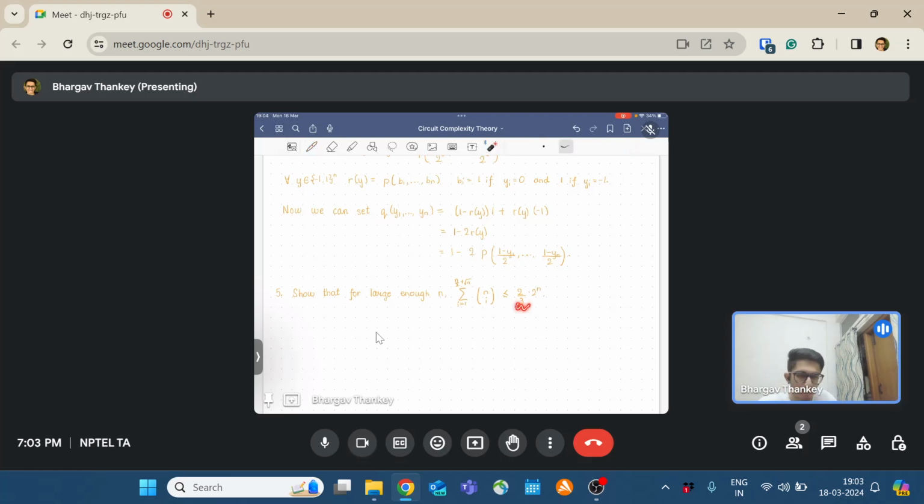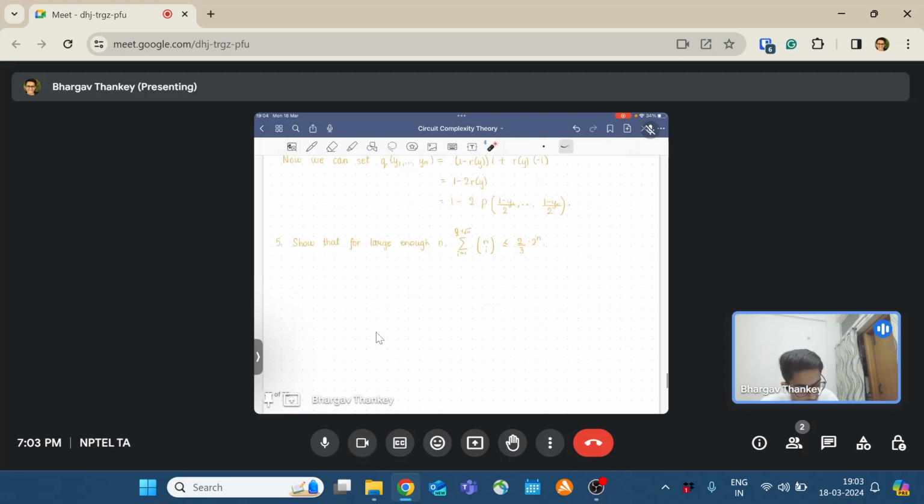The constant 2 over 3 doesn't matter. It can be 1 over 2 plus any constant, and this would work. I'm just using 2 over 3 for simplicity.